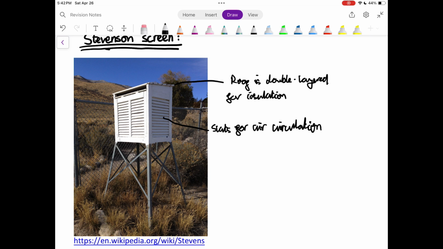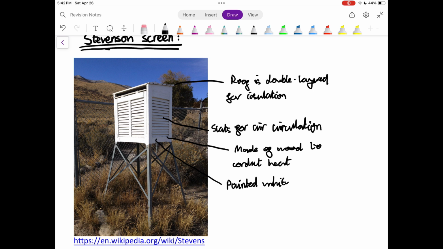And you can tell it's made of wood, to conduct heat. It's also painted white to reflect the sun's rays.